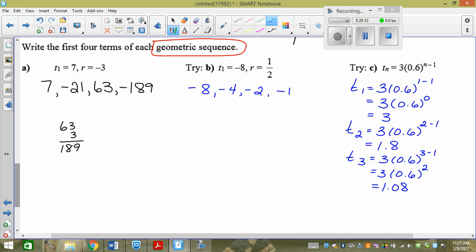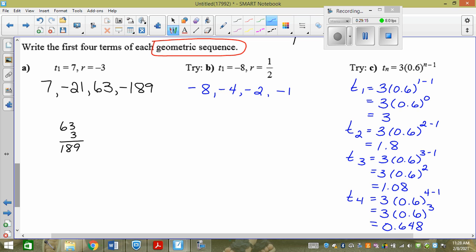Yeah, it's 1.08. Yeah. And then term 4 is 3 times 0.6 to the 4 minus 1, which is 3 times 0.6 to the 3, which is 0.648.